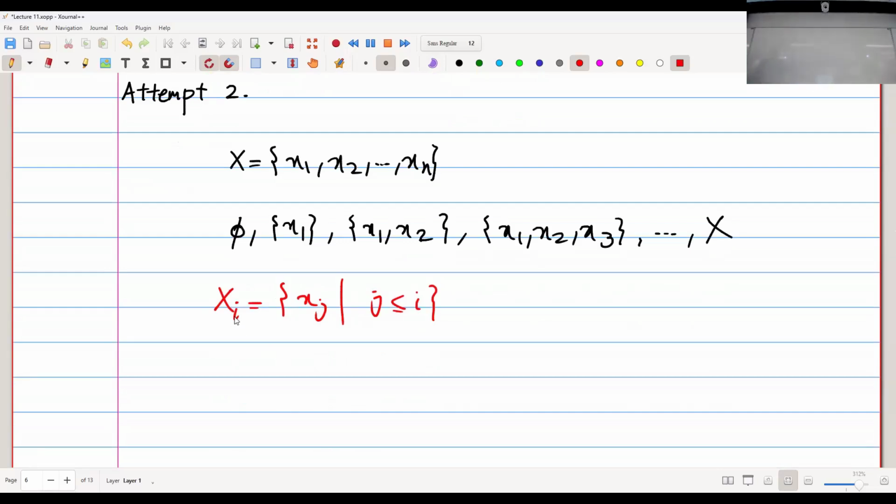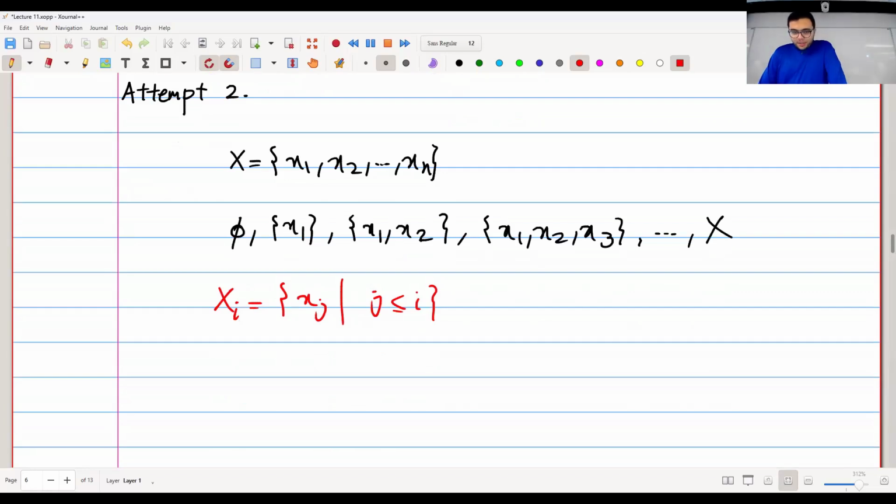So how many pigeons do I have? Well, right now it's n plus 1. But I also had this extra requirement that I can never take the empty set. So maybe let's keep it for now because it helps, but you can also do casework to remove the empty set.